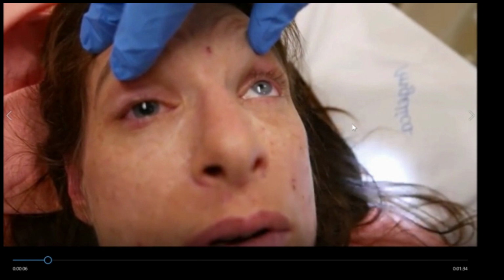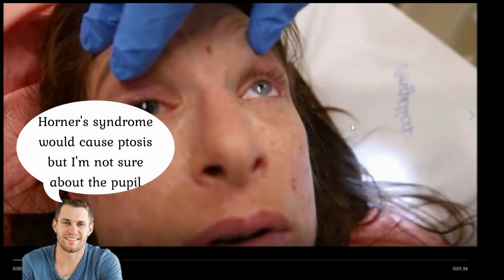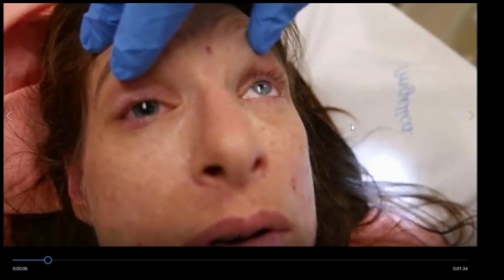What is Horner's syndrome? Horner's syndrome is due to lack of the sympathetic supply of the head. So what do you think the sympathetic fibers will do?